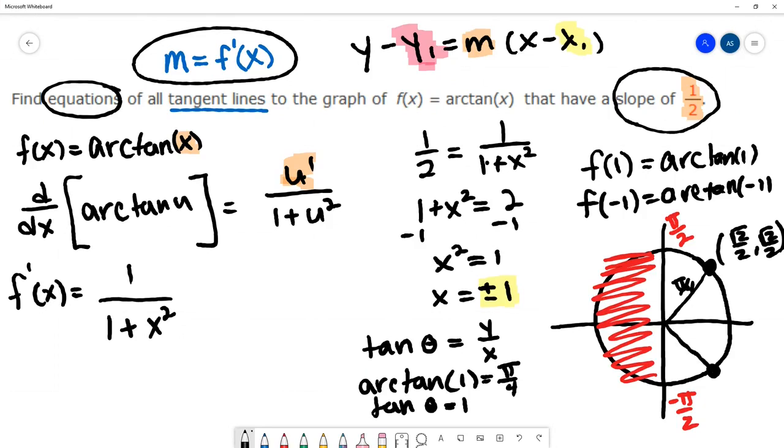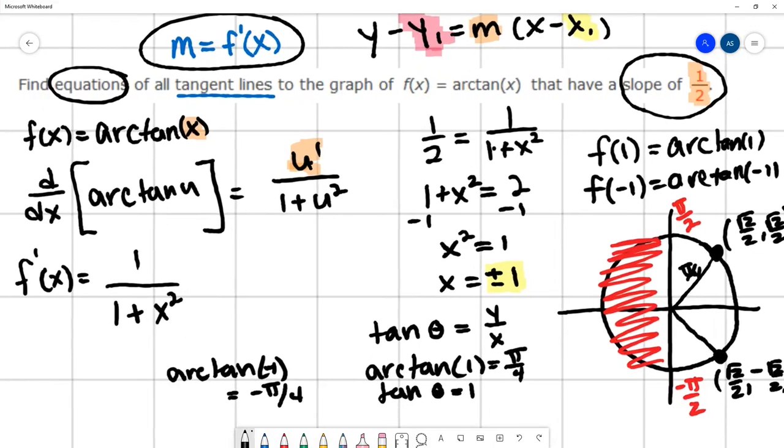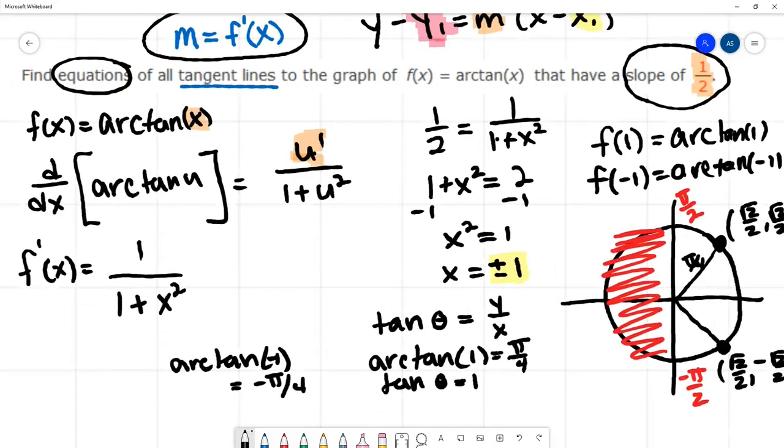Then in this fourth quadrant here, we have the coordinate square root of 2 over 2, negative square root of 2 over 2. So this is going to give us that the arctan of -1 is negative pi over 4. So that gives me the final piece of information to find the equations of the tangent lines.